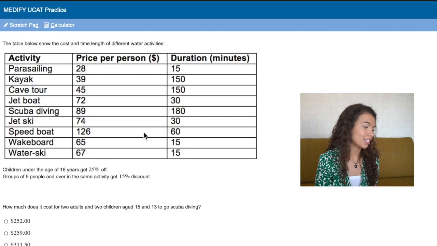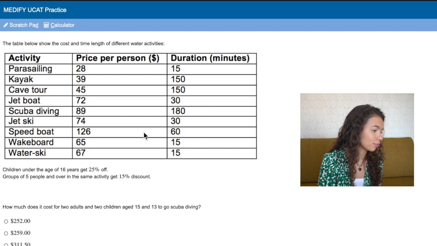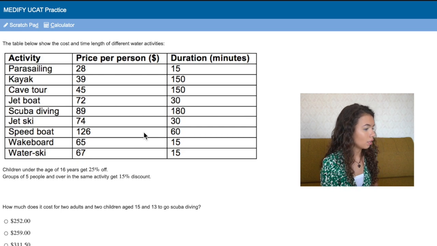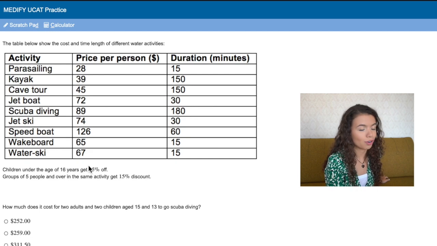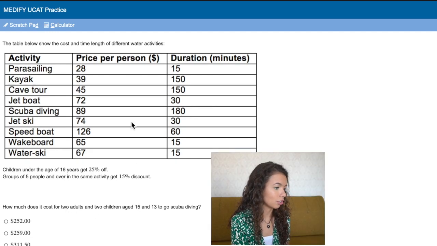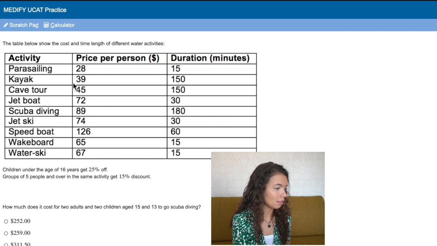So the next question here is another simple table. The question says, how much does it cost for 2 adults and 2 children aged 15 and 13 to go scuba diving? So here it says children under the age of 16 get 25% off. So you want 2 adults and 2 children to go scuba diving. If you check the price of scuba diving per person is $89.